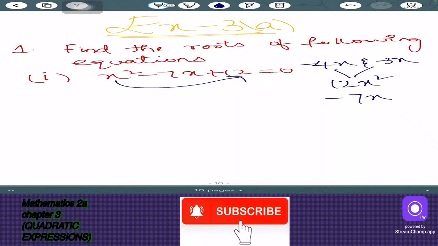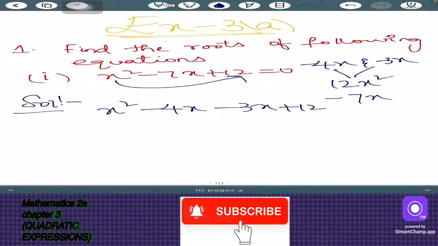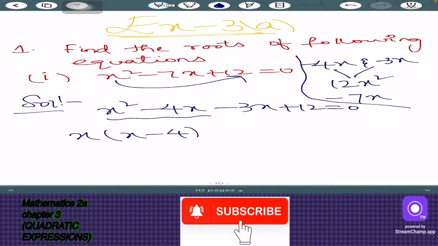So if you go for the solution, x square minus 4x minus 3x plus 12 is equal to 0. So take the common term from this, it is x, so x minus 4 will be there.